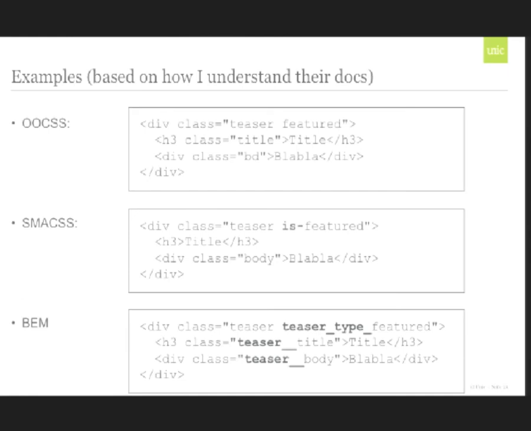But if you just have these non-prefixed classes, you don't really know, is this an independent module or is just the title an independent module? So if you prefix your modules as well, it's easier to read. Now the disadvantage, of course, depending on the approach, you get additional markup. We'll talk about selectors later on.